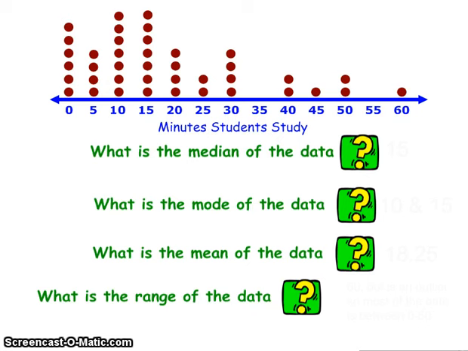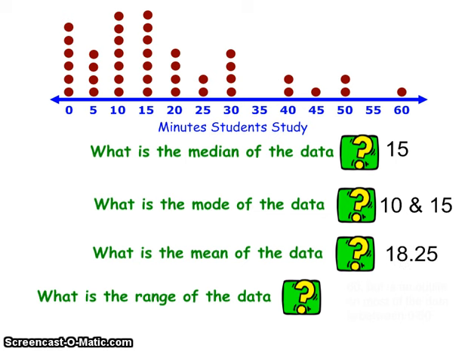The median, the number in the middle. Pause your video now to answer these questions. The median is going to be 15, so you'd have to start from left to right, crossing out numbers. The mode, or the number that shows up the most, is a tie between 10 and 15. 10 and 15 have the same number of dots.